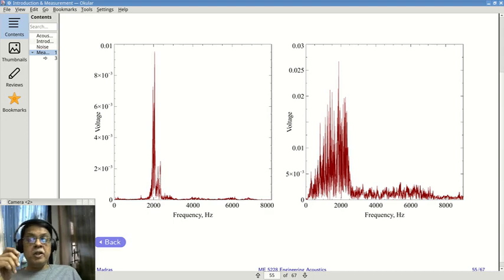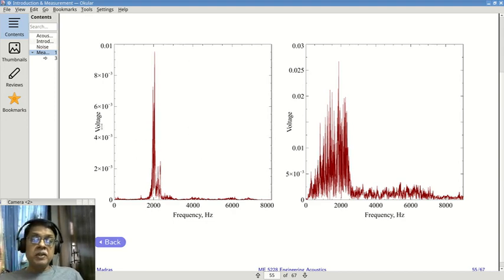In the second or maybe the third video, I told you to trust me that the frequency content of my whistle is around 2 kilohertz, and this is what you can see. Of course, there's some 2 times and 3 times harmonic, but the energy of my whistle is focused around 2 kilohertz.